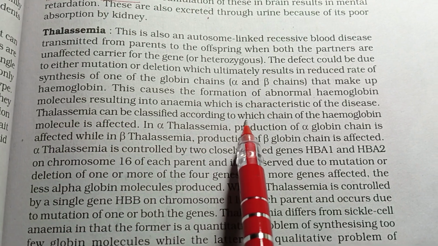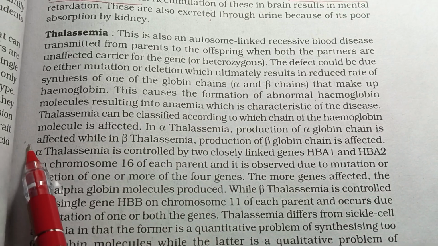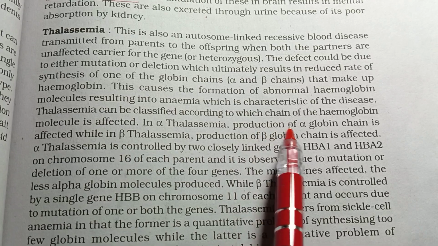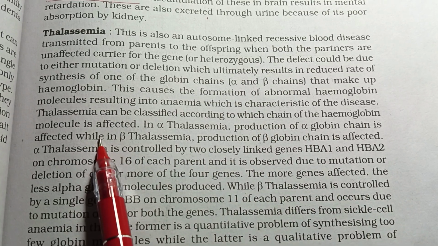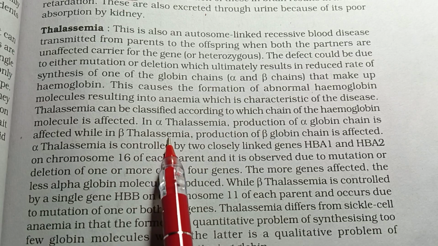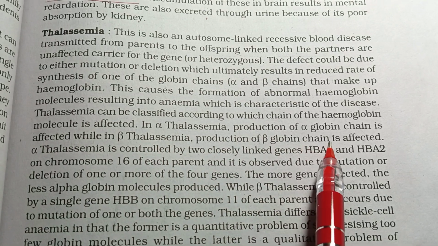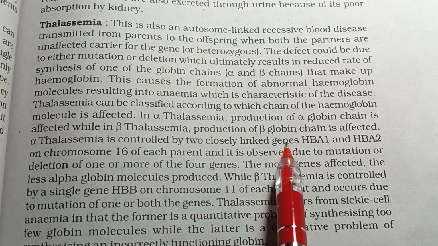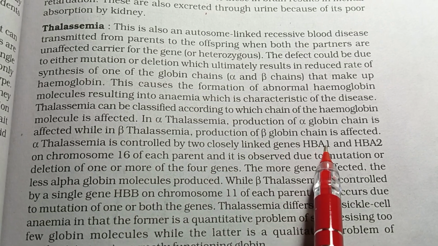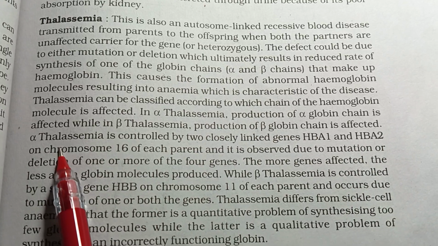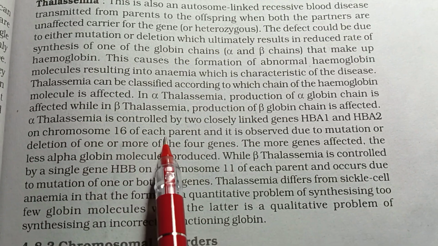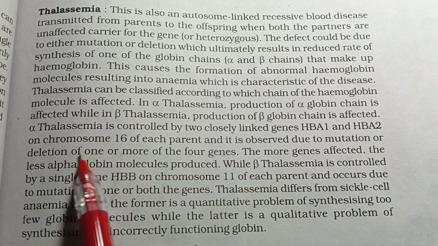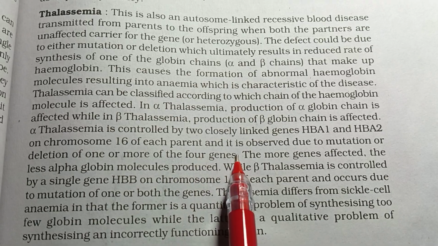Thalassemia can be classified according to which gene of the hemoglobin molecule is affected. So in alpha thalassemia, production of alpha globin chain is affected, while in beta thalassemia, production of beta globin chain is affected. Alpha thalassemia is controlled by two closely linked genes, HbA1 and HbA2, on chromosome number 16 of each parent, and it is observed due to mutation or deletion of one or more of the four genes.